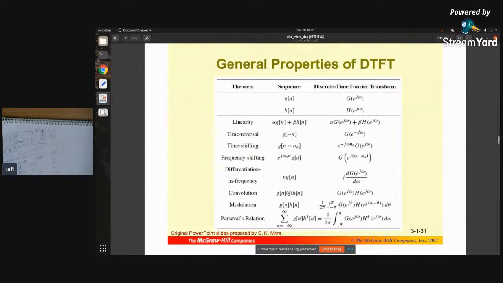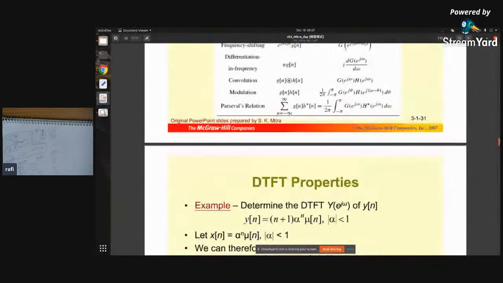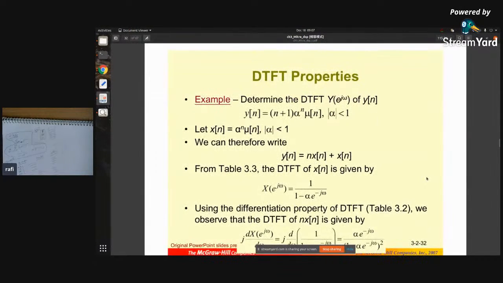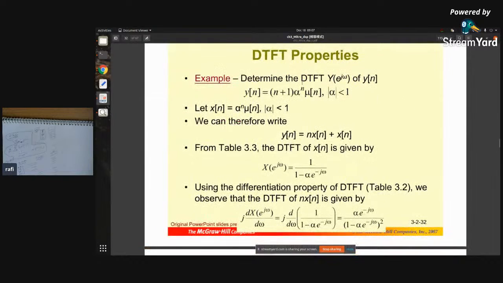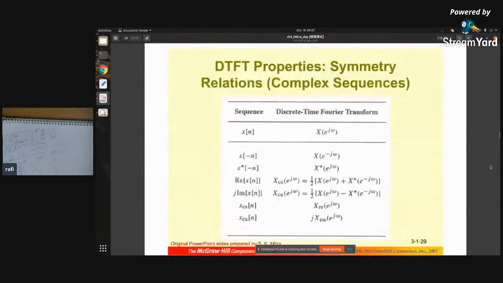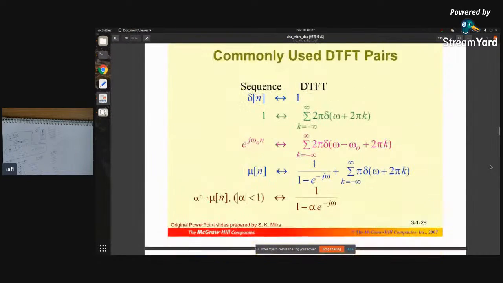Okay, so moving on to the properties, a few examples of some important properties. Our signals are not always so simple. We have seen some DTFT pairs in the last class: delta of n, u of n, alpha power n u of n, something like this.